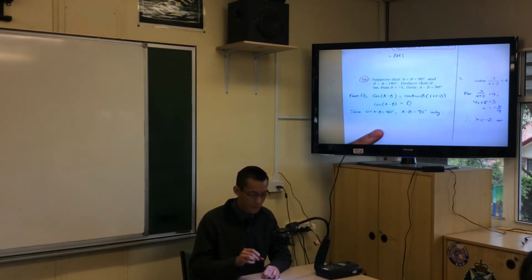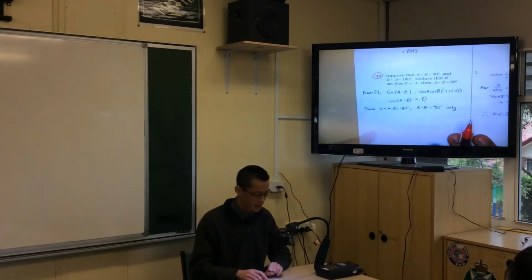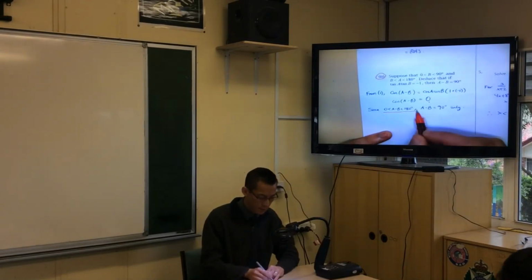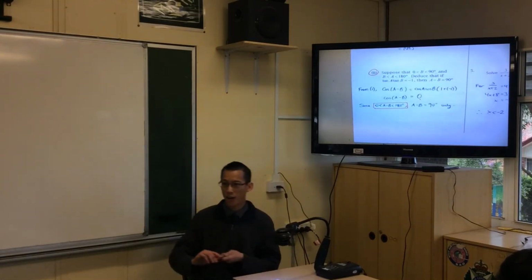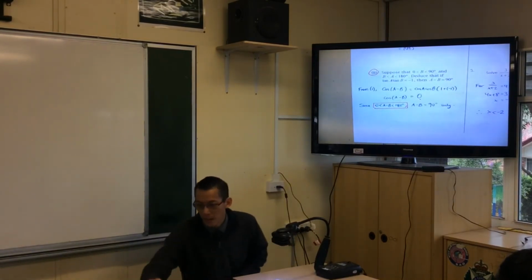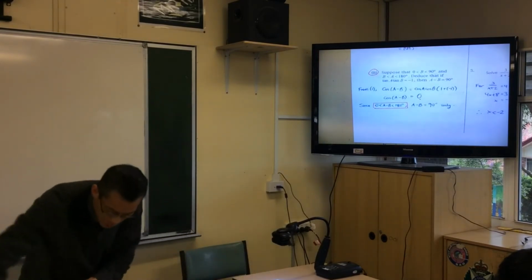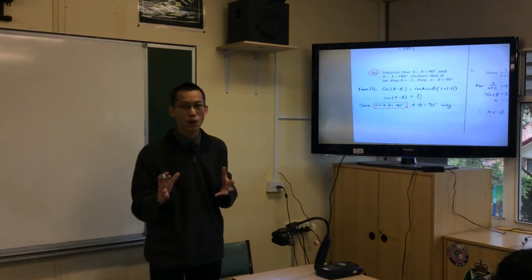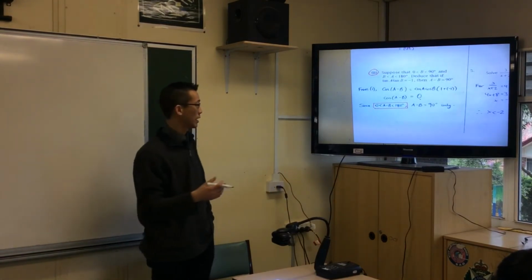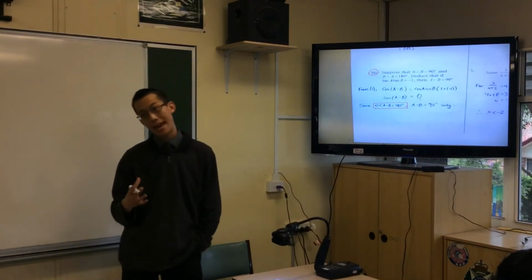Now, I want to make a note on this though, because I've got a pointer over here. Where does this come from? Because it's an important part of this result. And it could have been, this is not, but it could have been a show question, and then you'd actually have to, you can't just pull this out of nowhere. So let me show you where I pulled it from, okay? A and B are both angles, okay?